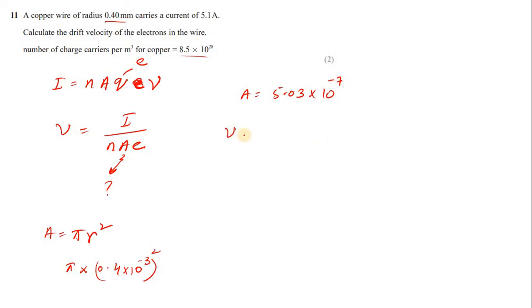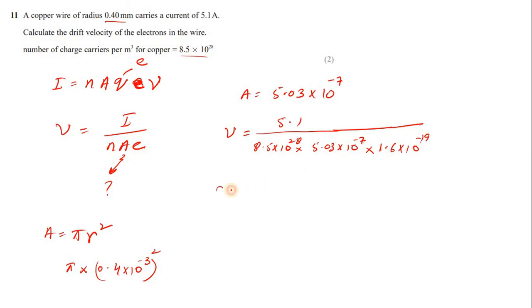Then drift speed is equal to 5.1 divided by n, the charge carrier density, 8.5 times 10 to the power 28, times area 5.03 times 10 to the power minus 7, times the charge of the electron, 1.6 times 10 to the power minus 19. So drift speed would be equal to 7.46 times 10 to the power minus 4 m s minus 1.